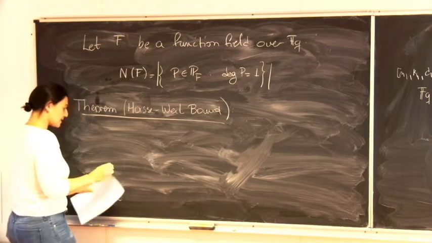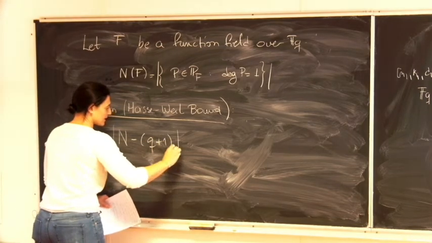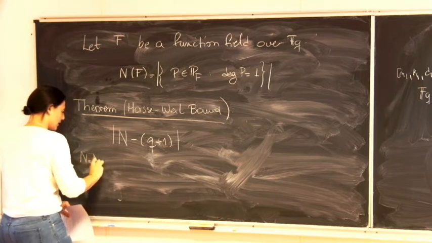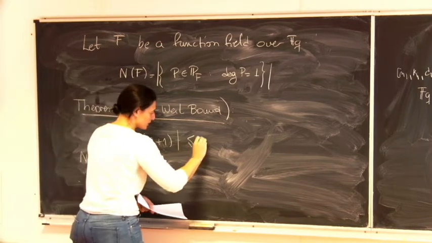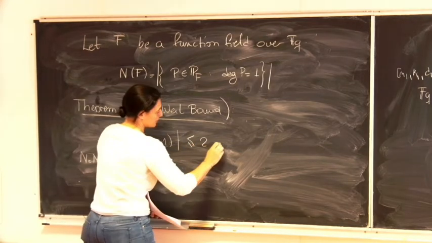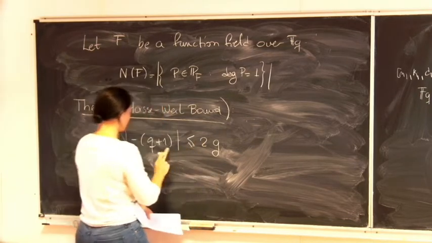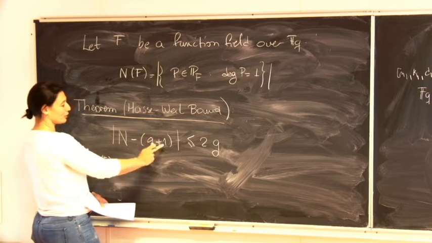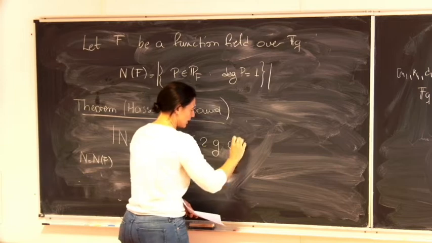And it says that the number of rational places of a function field F satisfies that the difference between it and the amount of points q plus 1 is bounded by 2g times the square root of q.